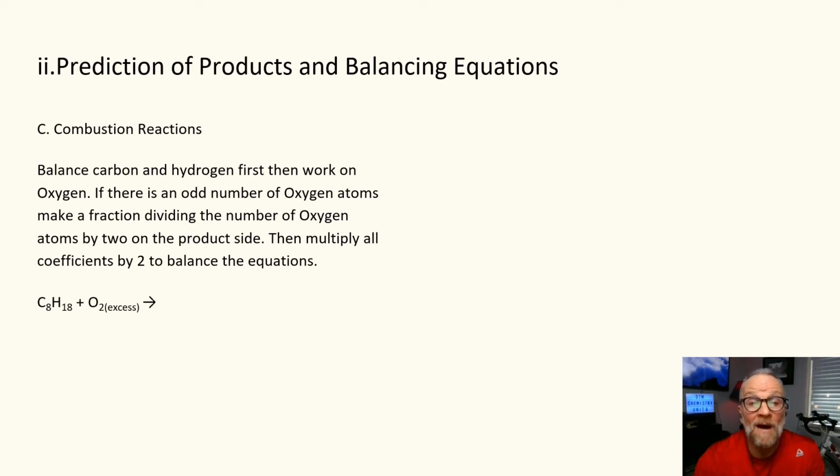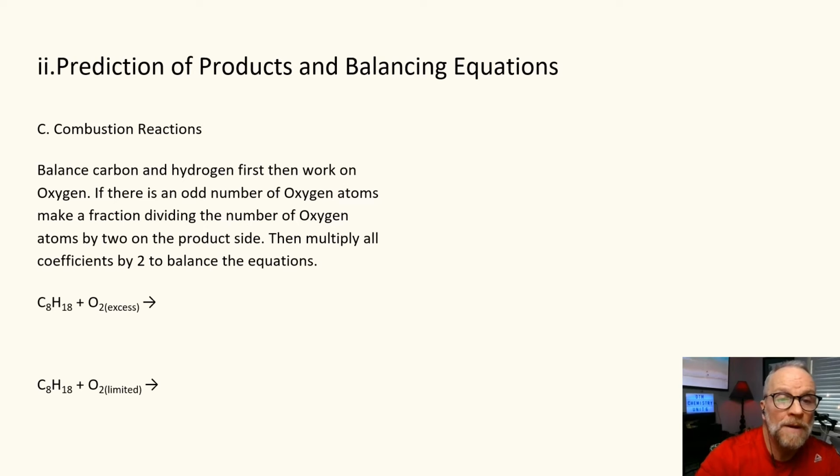So if you have a hydrocarbon, carbon and hydrogen combined with oxygen, you know you're either going to have carbon dioxide and water or carbon monoxide and water. This first one is carbon dioxide. And then the second one, you have limited oxygen, and so you're going to have carbon monoxide and water. And so let's balance those. See if we got our pen here.